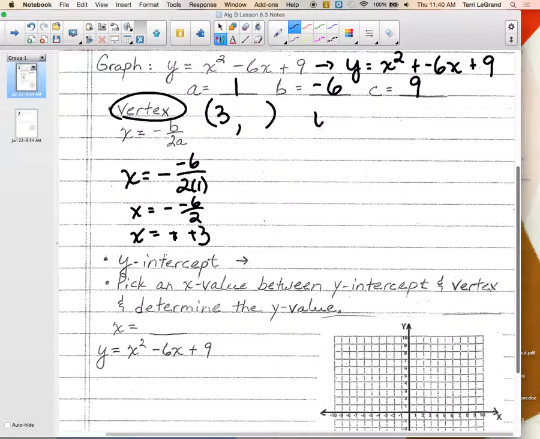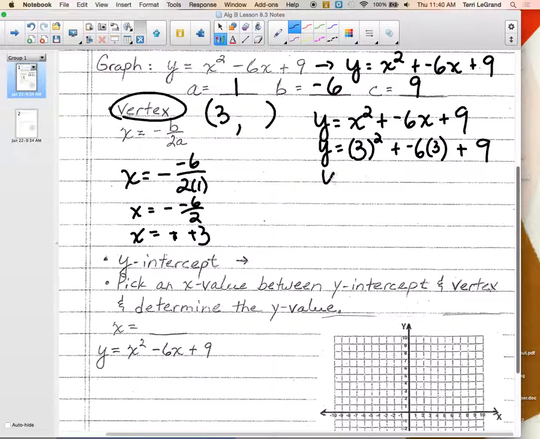So let's write our equation down, the one where we changed it to add the opposite, and we'll substitute into that our x value of the vertex. So we'll put 3 in for x and square it. We'll put 3 in for x and multiply it by that -6. And we'll bring our plus 9 along.